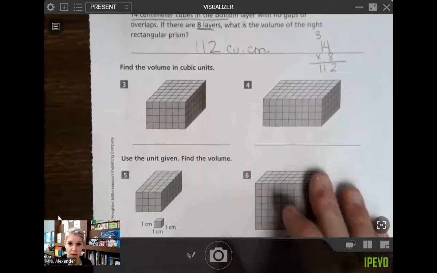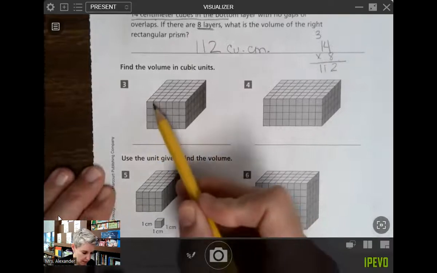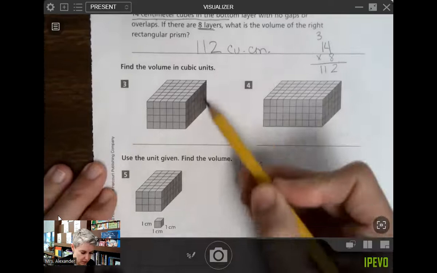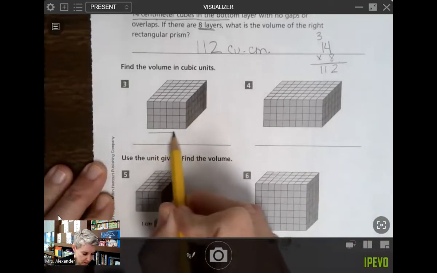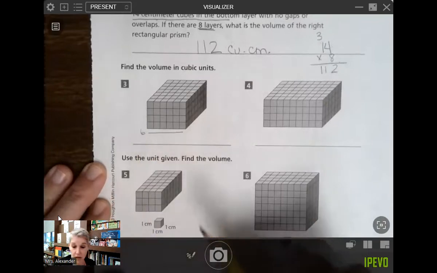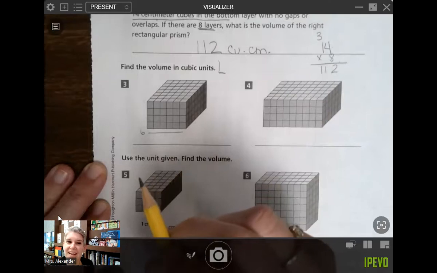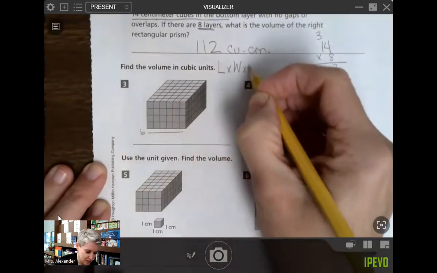Find the volume of the unit cubes. Again, several ways to do this. I can look at the top layer, this front layer, a side layer. I have 1, 2, 3, 4, 5, 6 in my length. I could also use my formula for volume, length times width times height.